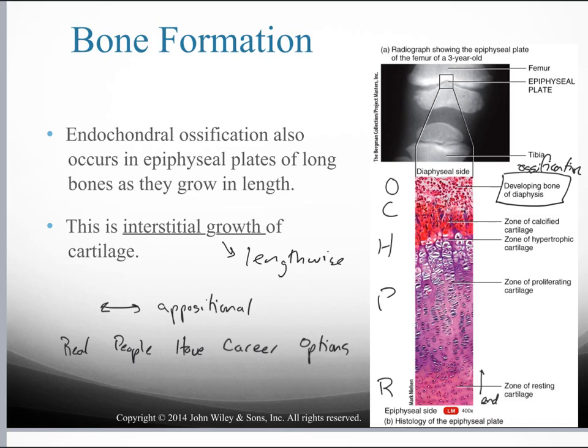If you recall back to cell biology, apoptosis is cell death. So the cartilaginous matrix begins to calcify. So we're replacing those cartilaginous cells with bone cells and replacing that cartilage with bone, which brings us to our O, our developing bone of the diaphysis, the ossification. So osteoclasts and osteoblasts form the diaphyseal side, breaking down the calcified cartilage and replacing it with mineralized or ossified bone.